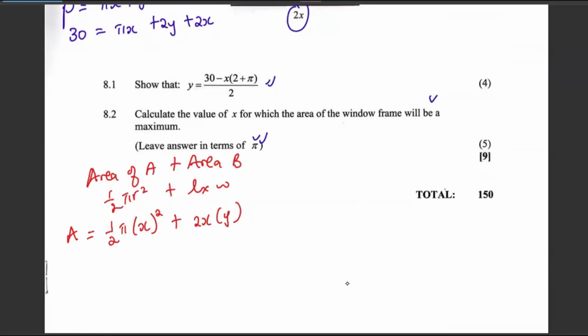We can just say half pi x squared plus 2y x. Okay, so for us to get maximum, we must find the derivative, dA by dx, which is going to be pi x plus 2y. It should give us a 0.